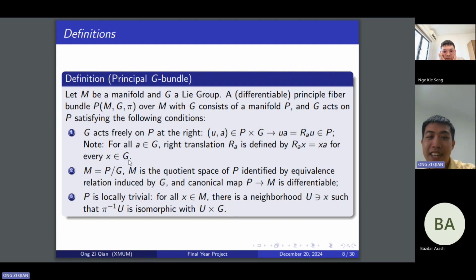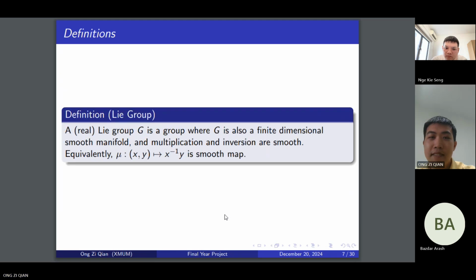Okay. And then M is equal to P quotient by G, by the equivalence relation induced by G. And the third point, P should be locally trivial. That means for every point there is a U such that pi inverse of U is isomorphic to U times G, which is what I mentioned just now, that the local trivialization exists.